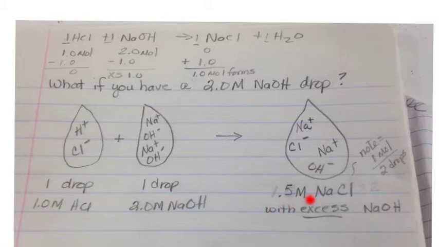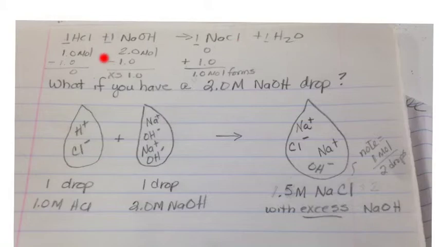Normally you would think that you would start with a 1 molar solution of hydrochloric acid, then you should form 1 molar of NaCl by way of the balanced equation. Up here, sorry for my scribble, my balanced equation is a 1-to-1. So 1 hydrochloric acid molecule will make 1 sodium chloride molecule.